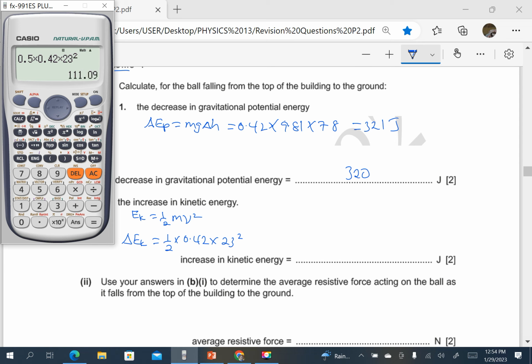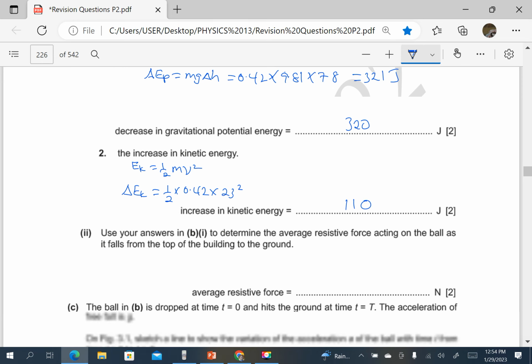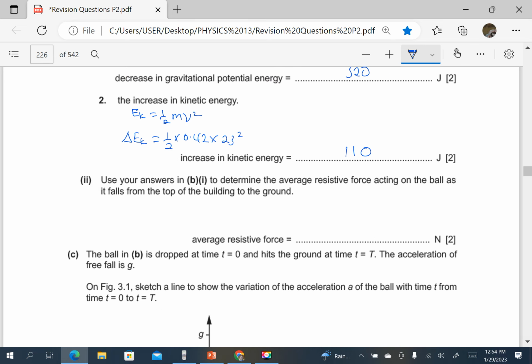That is 11109, which is approximately 110 joules.